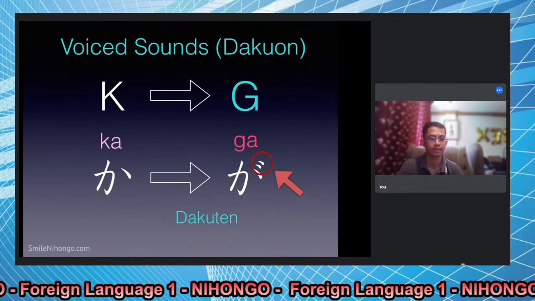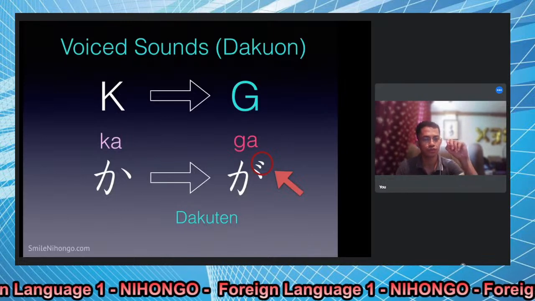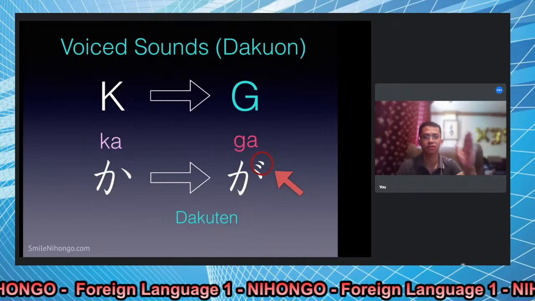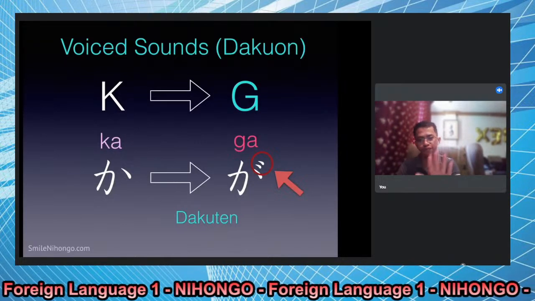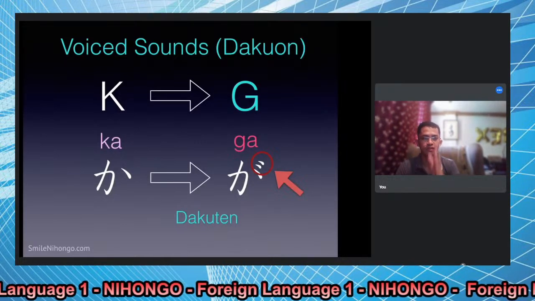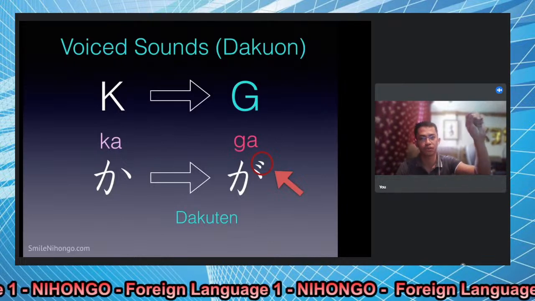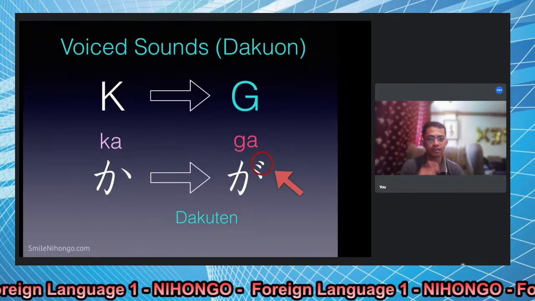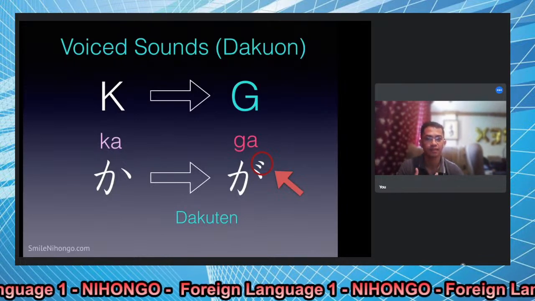Again, those two short lines are on the upper right corner of the character if we are facing the letter. So that is called dakuten.